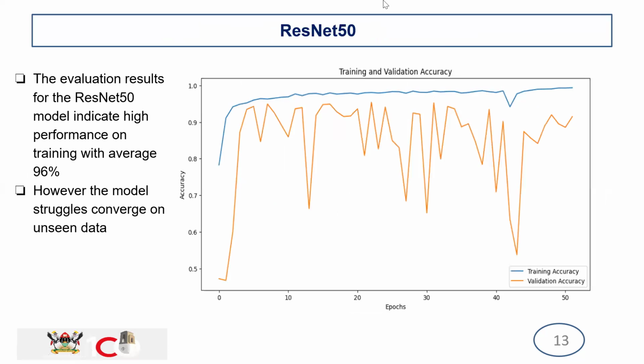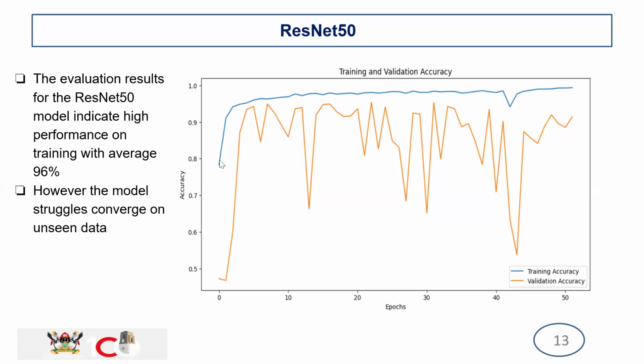On the evaluation part of this project, I used a number of metrics, but here I'm concentrating on the accuracy score. According to this illustration, my ResNet50 was doing well on training; it was learning very well, but it was struggling to capture the features on the validation set of unknown data.